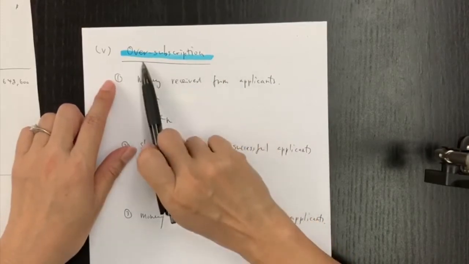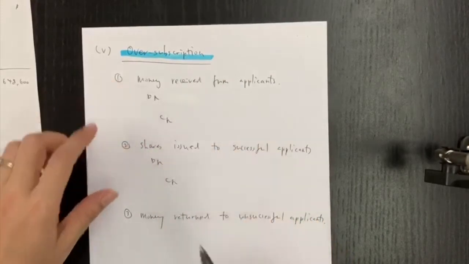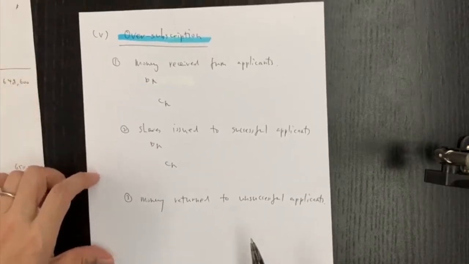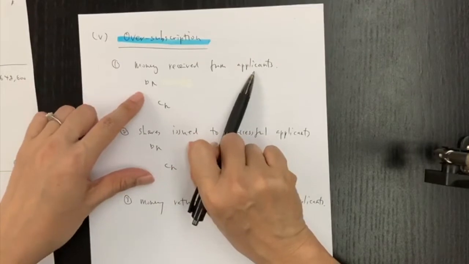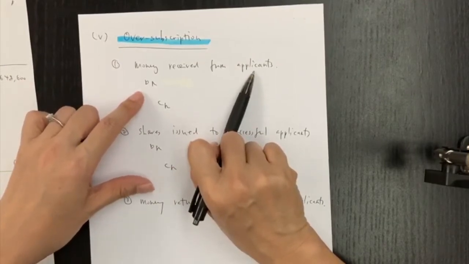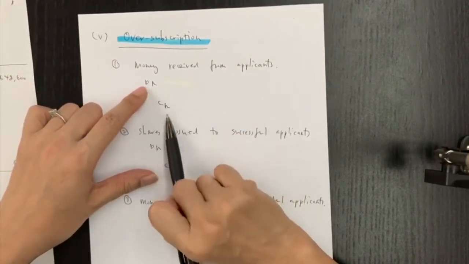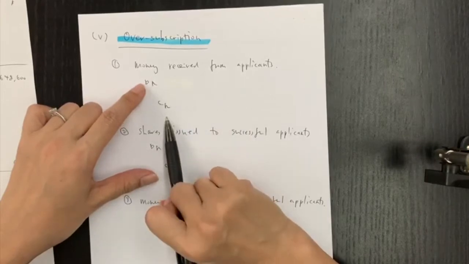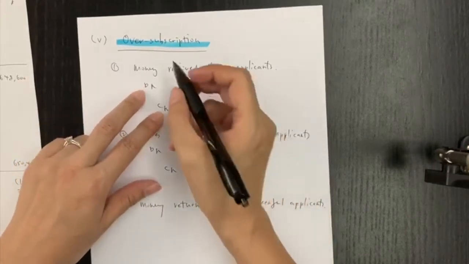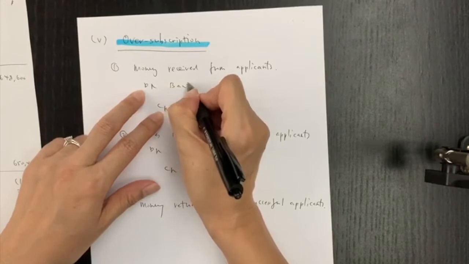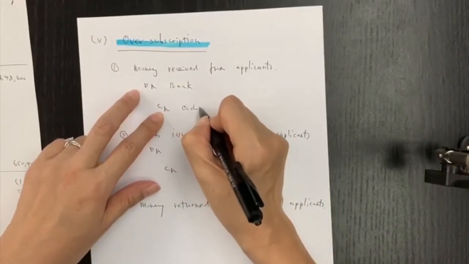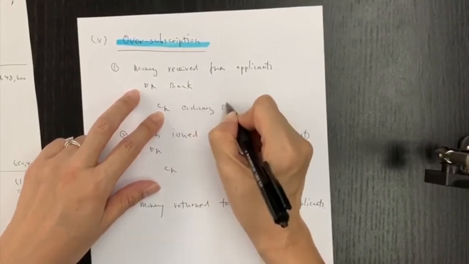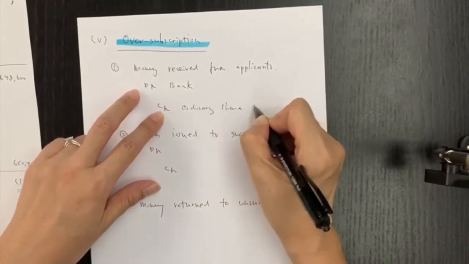All right, and then for over subscription, we always have these 3 steps. The first thing is we have money received from applicants. Those people who want to buy shares of our company have to pay money first, so we receive money. The first double entry will be: we receive money, so debit bank, and then we credit ordinary share applicants.